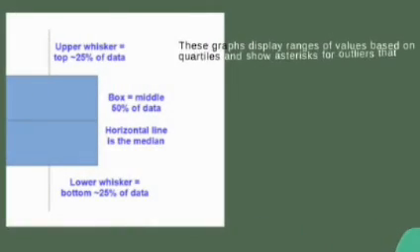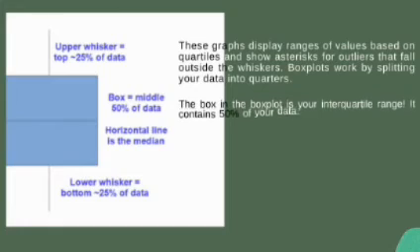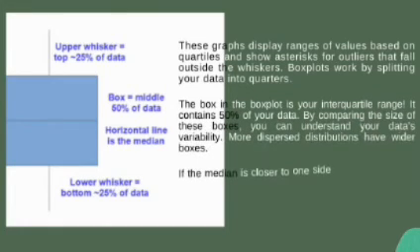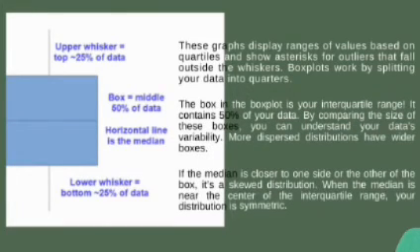Using a box plot to graph the interquartile range. This graph displays the range of values based on quartiles and shows asterisks for outliers that fall outside the whiskers. Box plots work by splitting your data into quartiles. The box in the box plot is your interquartile range that contains 50% of your data.